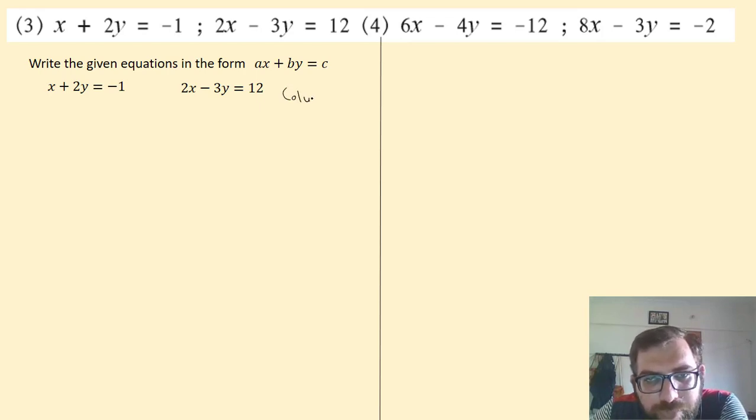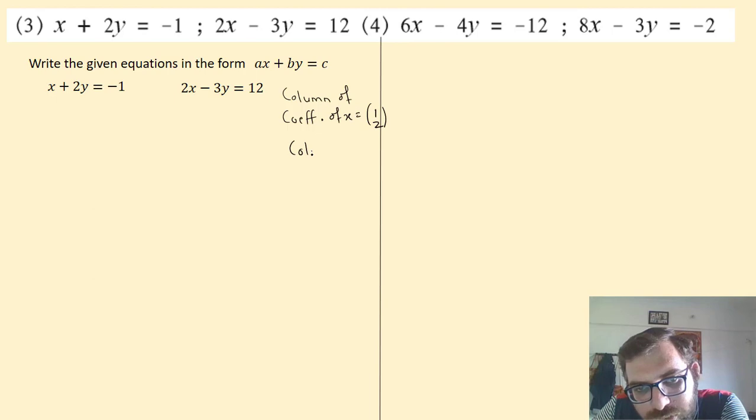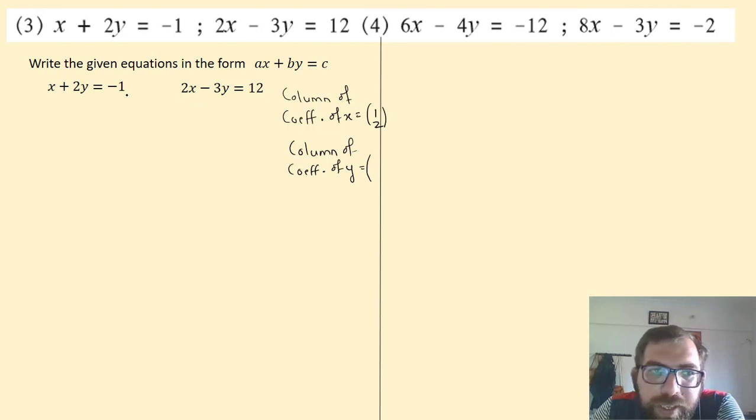Okay, column of coefficients of x, which is equal to the coefficients of x, 1 and 2. So it's 1 and 2. Column of coefficients of y, here it's 2, here it's minus 3.